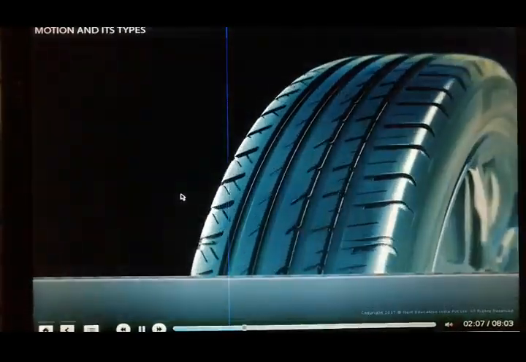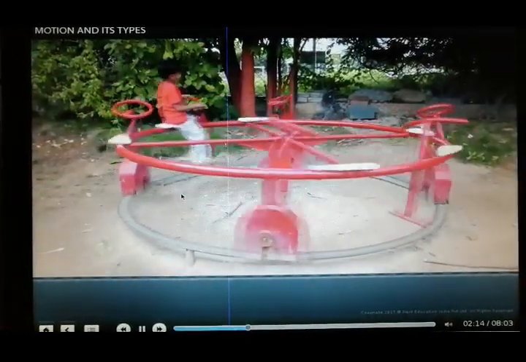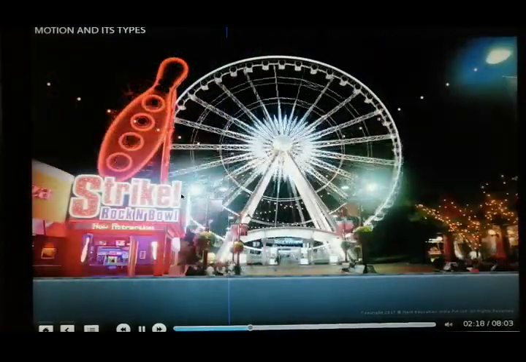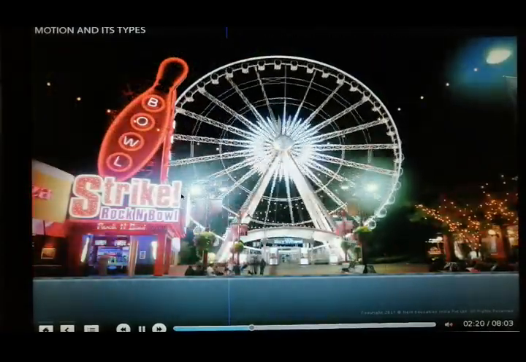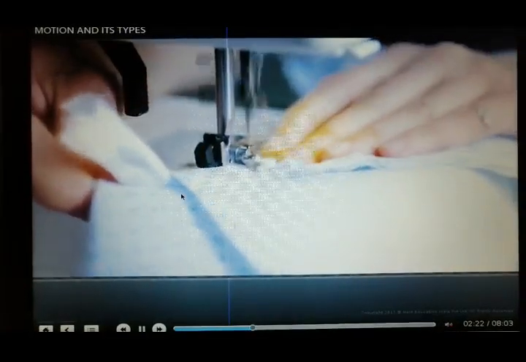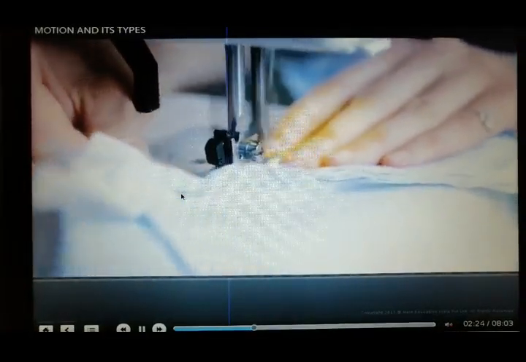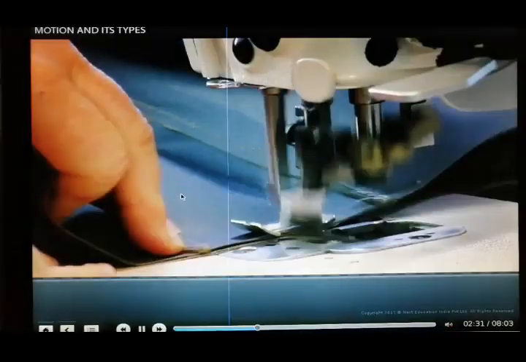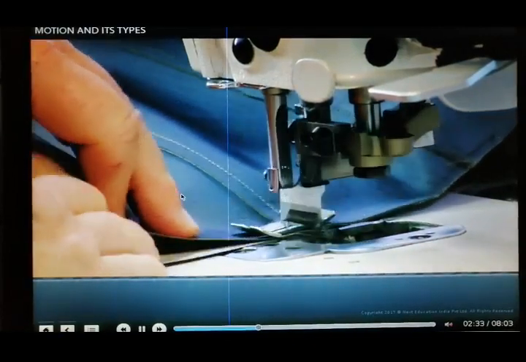In case of circular motion, an object moves along a circular path, like the motions of a merry-go-round or a giant wheel. In case of vibratory motion, an object moves to and fro from a fixed position. The motion of the needle of a sewing machine at work is an example of this type of motion.